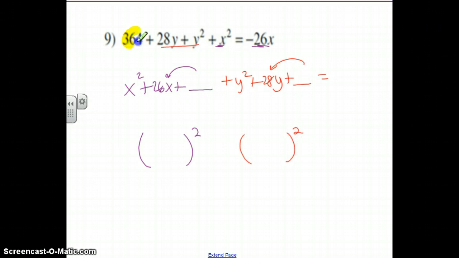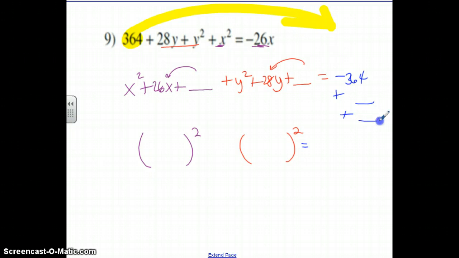And for this last one, this 364, I'm going to move to the other side and make it a negative 364. But I'll have to add two numbers on the right side as well, because I'm adding two numbers on the left side. So remember, whatever I do on the left side of the equation, I have to do on the right side as well.